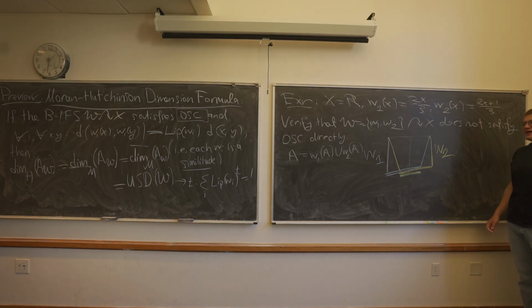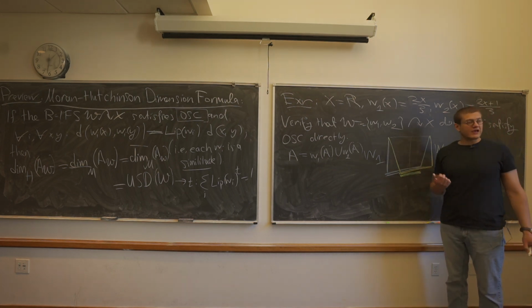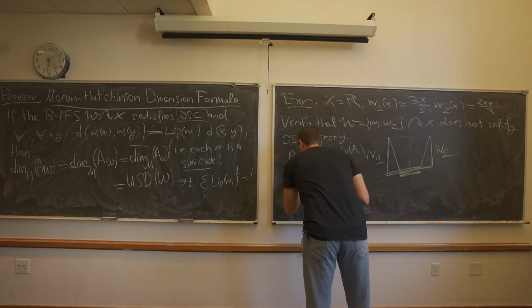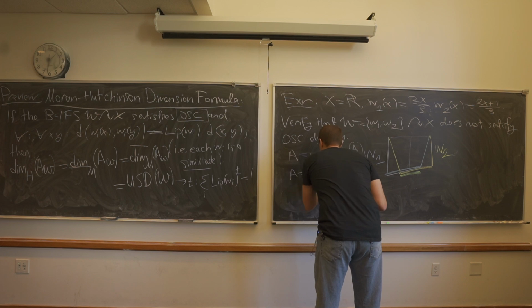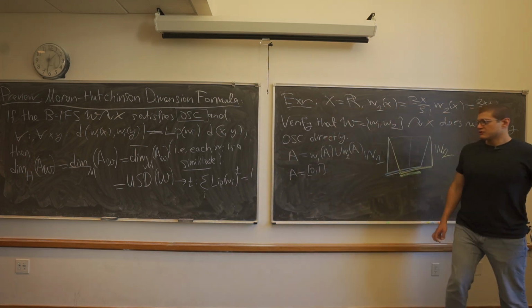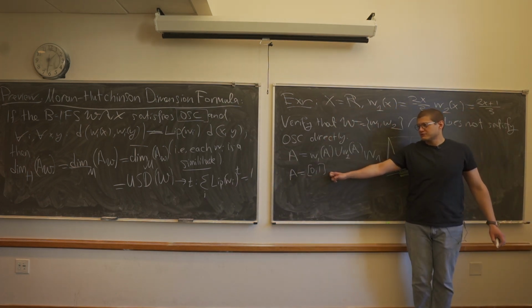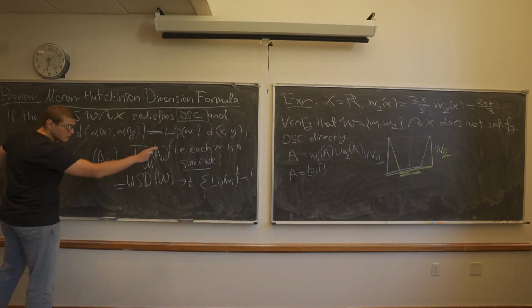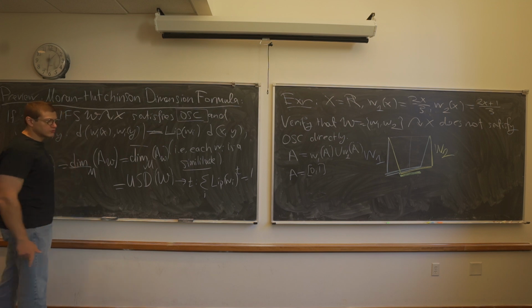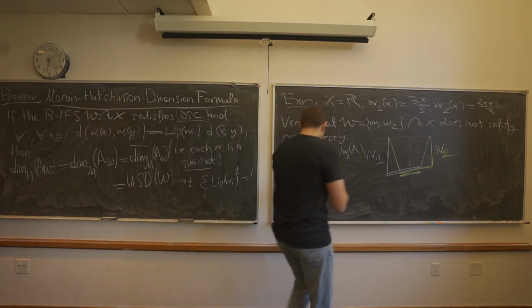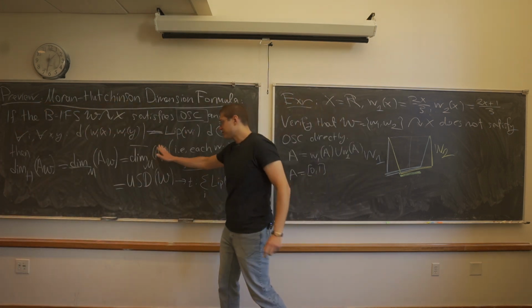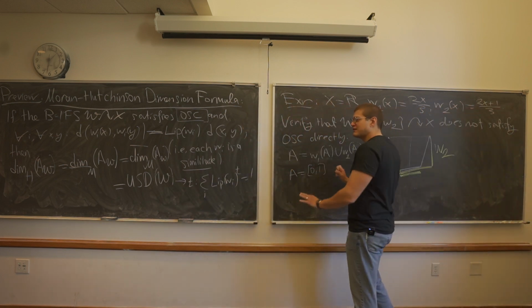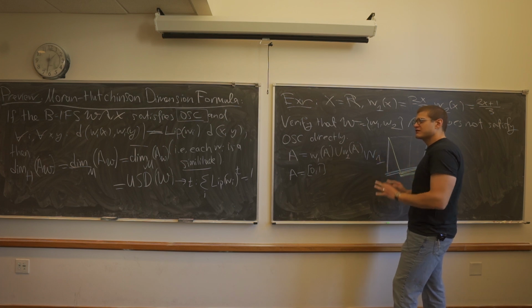Well, if you were to choose A to be the interval itself, it certainly satisfies it. By the uniqueness, the attractor is the interval. Now, this is a nice set, which means that all of these numbers in that particular case are equal to 1. I still haven't defined these things, but I'm saying that whatever their definition, if you feed to them a nice set like an interval, it should give you back the obvious answer.